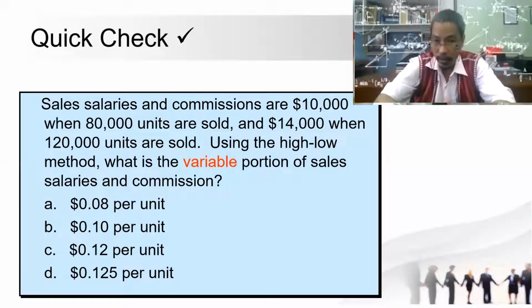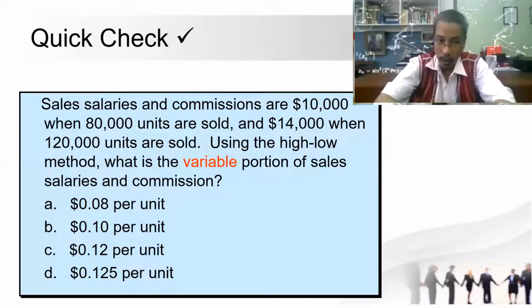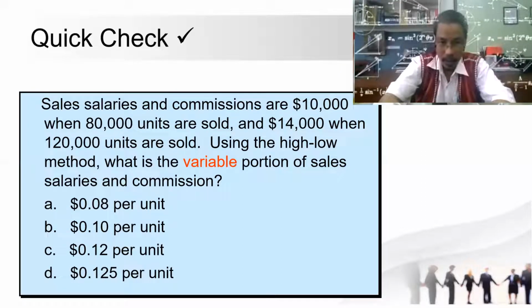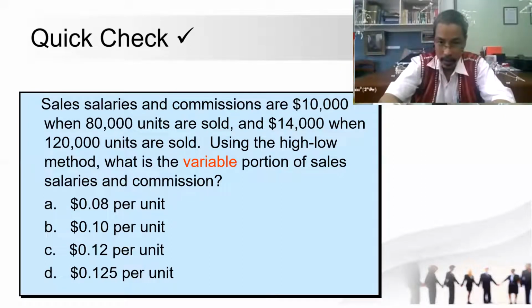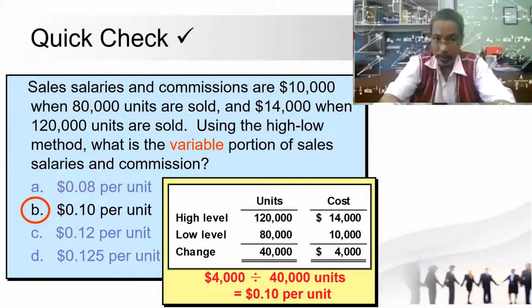So 4,000 divided by 40,000 is $0.1 per unit. That would be our answer.